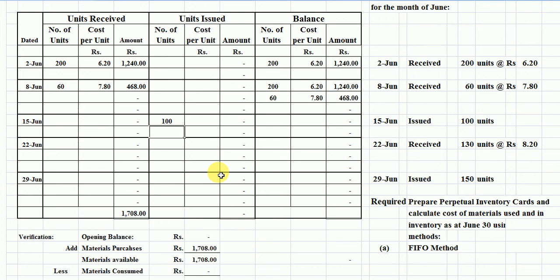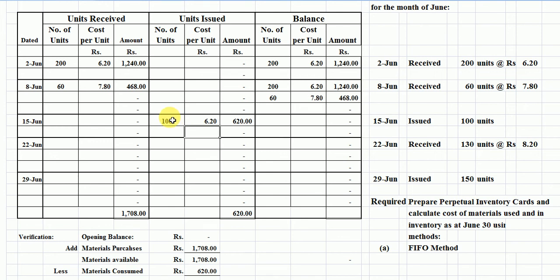Now we will use the FIFO method here, first in, first out. 200 units are the first in units. Now we use these units in production. Now we take 100 units out of 200 here. The rate is 6.20 here. The amount is 620 rupees.